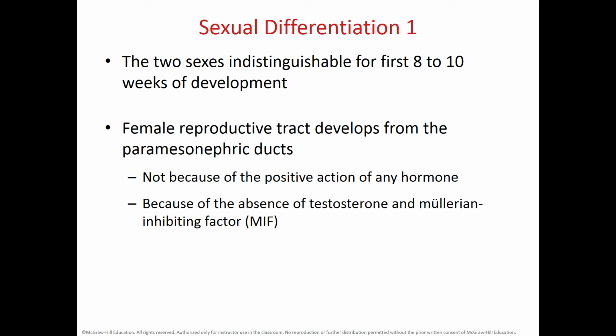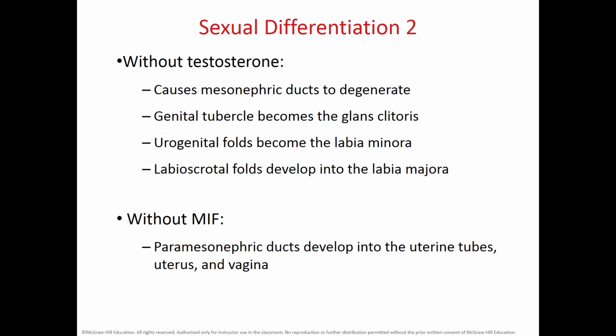The female reproductive tract will develop from an area of the embryo that is called the paramesonephric ducts. In the absence of testosterone and Mullerian inhibiting factor, these paramesonephric ducts will form into the female reproductive tract. So if you don't have testosterone, the mesonephric ducts, the part that develops into the male reproductive tract, degenerate.